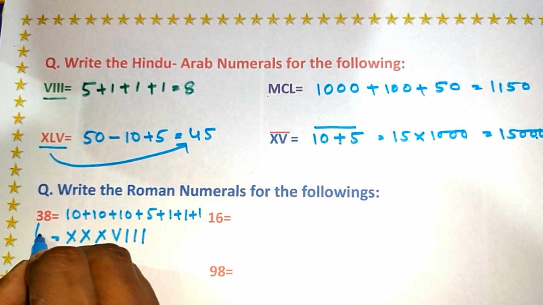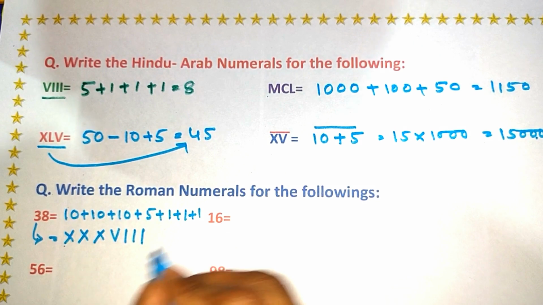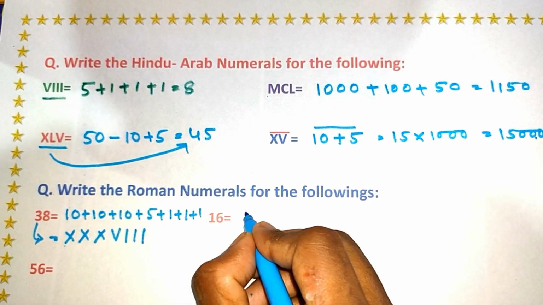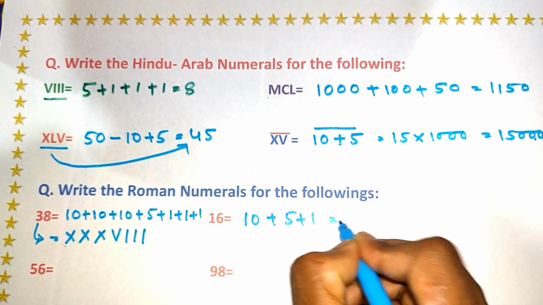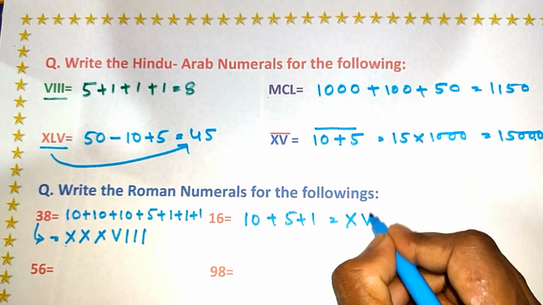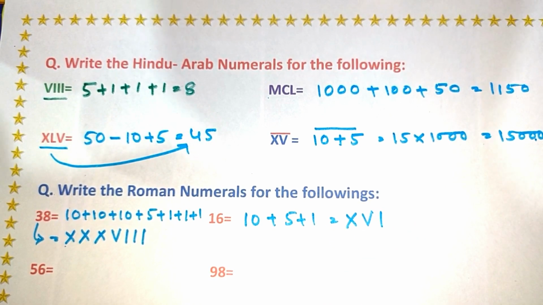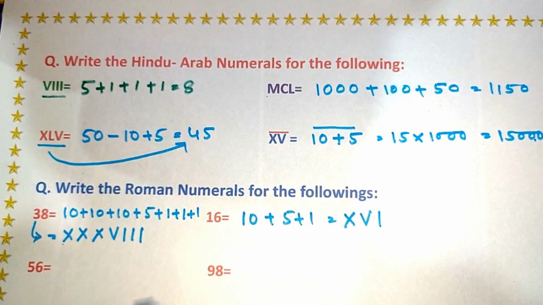So 38 will be represented by XXXVIII. Now 16 can be written as 10 plus 5 plus 1. So for 10 we can write X, for 5 we can write V, and for 1 we can write I. So the value of 16 is XVI.